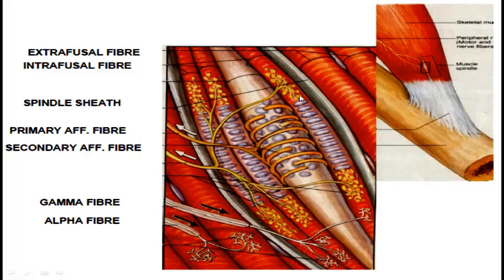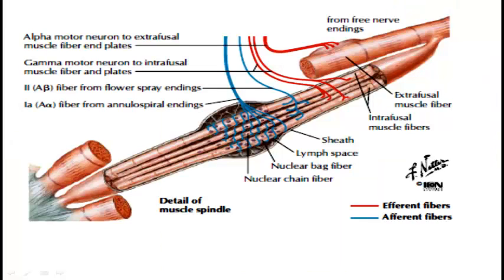And here, this is the central receptor area of the intrafusal muscle fiber, and this is the peripheral contractile area of the intrafusal muscle fiber. This is a nuclear bag fiber, and this is a nuclear chain fiber.